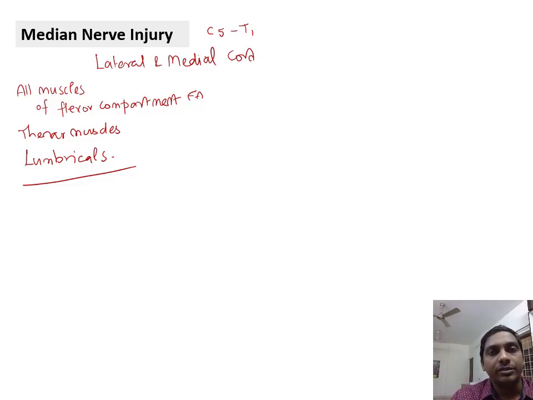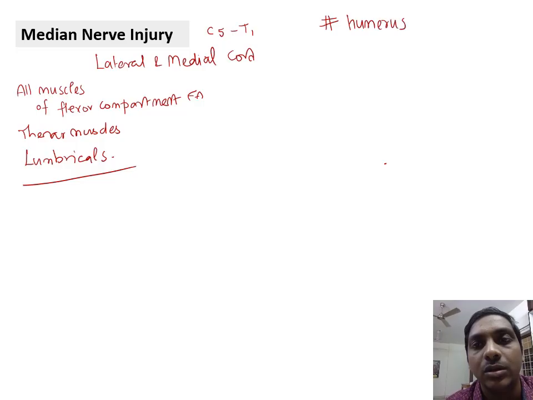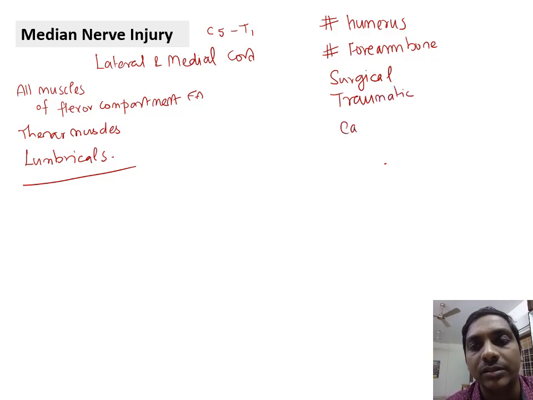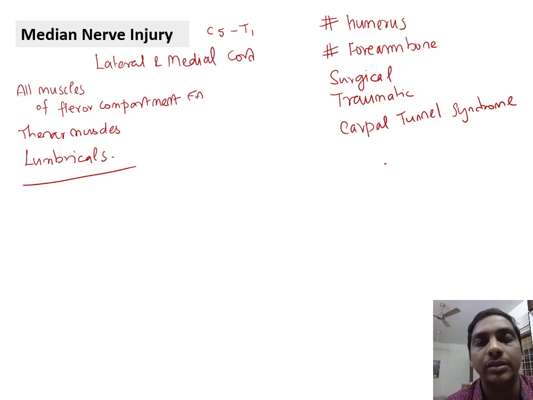Whenever the median nerve gets injured, the common causes are, number 1, fracture, such as supracondylar fracture of the humerus, or a fracture of the forearm bones, or any surgical cut injury or traumatic cut to the median nerve, or even carpal tunnel syndrome, because the median nerve has to enter the hand through the carpal tunnel, that is formed by the flexor retinaculum running over the carpal bones.